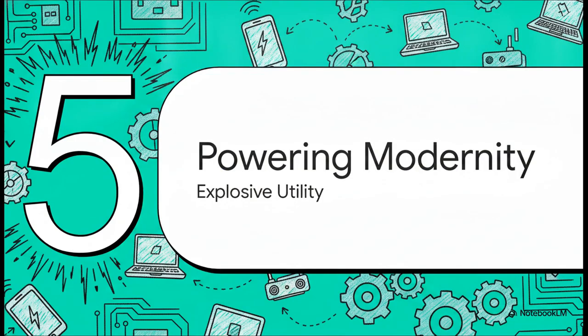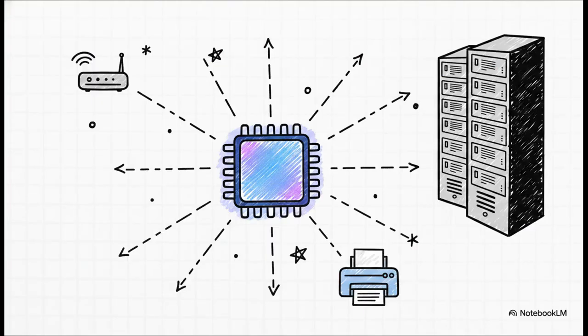Section 5. Powering the Modern World. So why does all this tech history matter to us right now? Well, because that revolution directly shapes the world you and I interact with today. The commercial utility of RISC was nothing short of explosive. Because these processors were so efficient and fast, they became the beating heart of early Unix workstations.